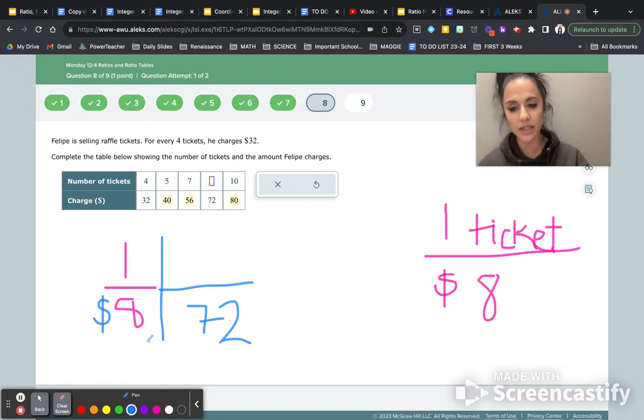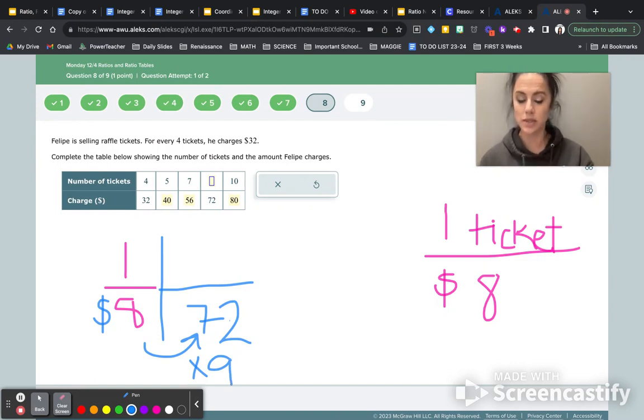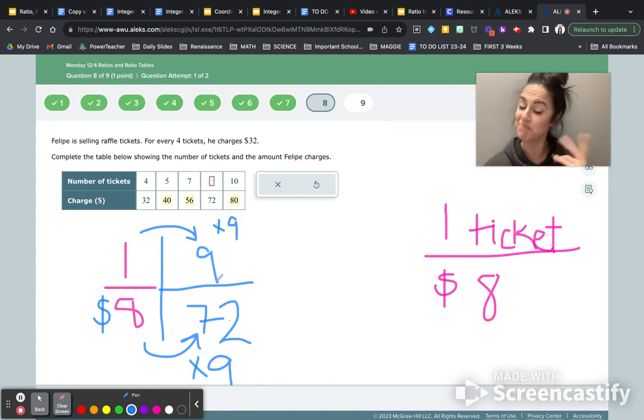I'm still finding an equivalent way to do it. So 8 times what gets me 72? I know that 8 times 9, right, gets me 72. So I have to do the same thing to the top. The number of tickets is going to be multiplied by 9 as well, right? So I know that if I give them $72, they're going to give me 9 tickets.